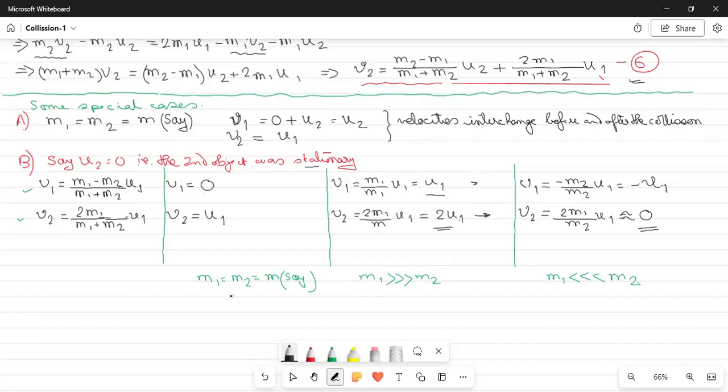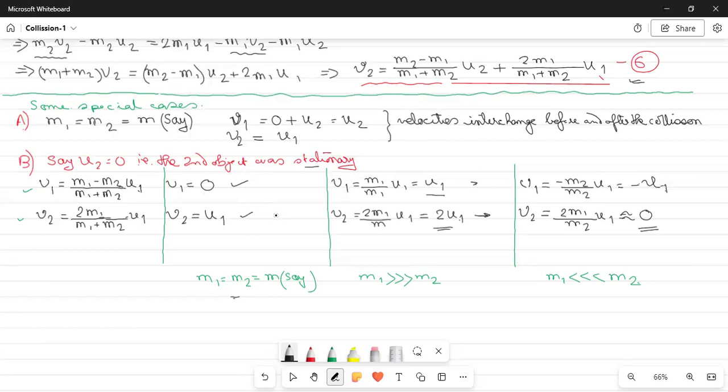And if both the masses are same, the first object stops and the second object starts moving with the velocity of the first object, right? So these are the few properties of elastic collision.